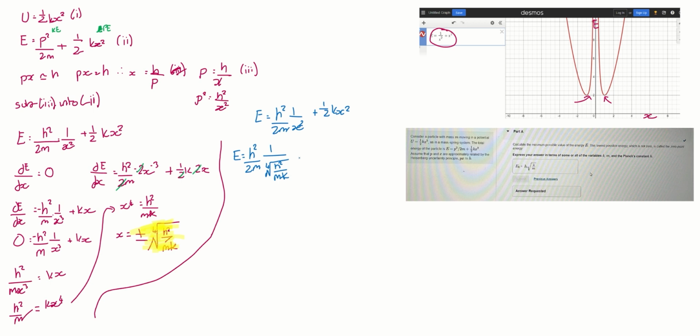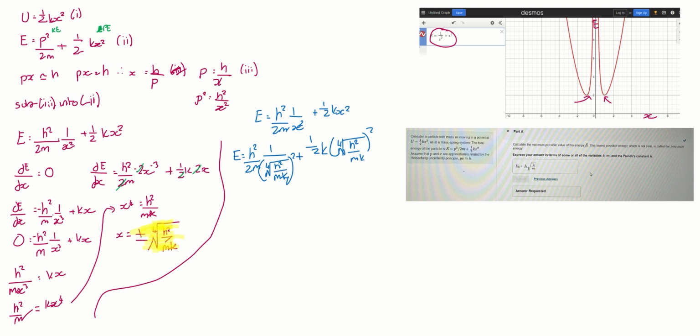So we got that plus a half k. Almost forgot something there, put the bracket around there because it's squared. It's exactly the same thing. I'm going to put a bracket around it because it's x squared. And we know x is the fourth root of h squared over mk.